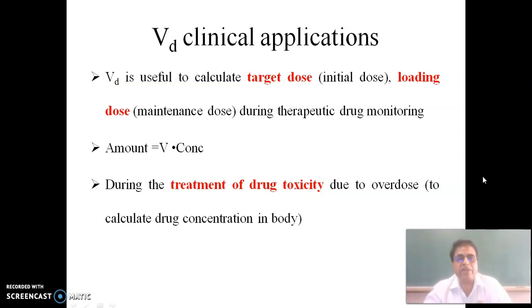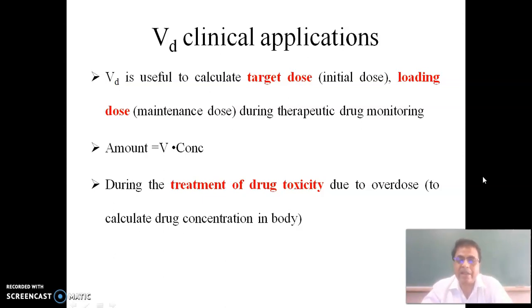Another important application of VD, that is volume of distribution, in clinical practice is whenever you are treating overdose-induced toxicity, then you need to know how much drug is there in the body. Whether all the drug is removed from the body or is the drug held somewhere in a body compartment.